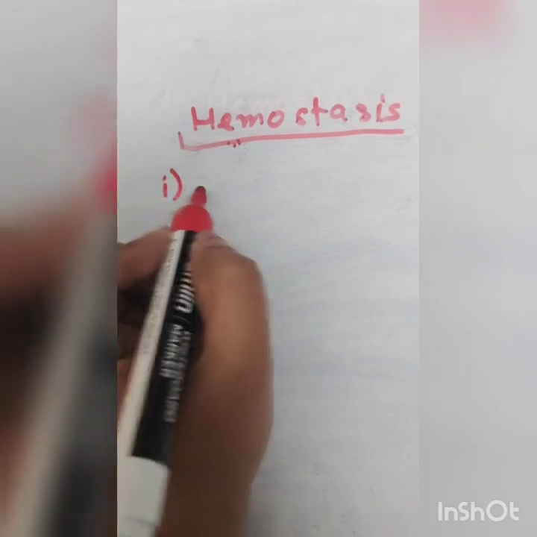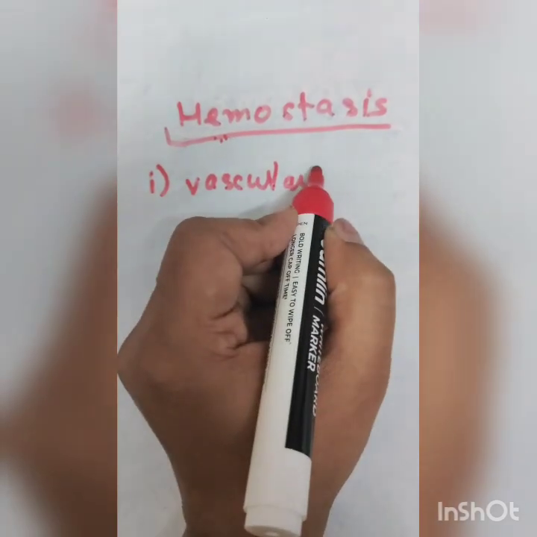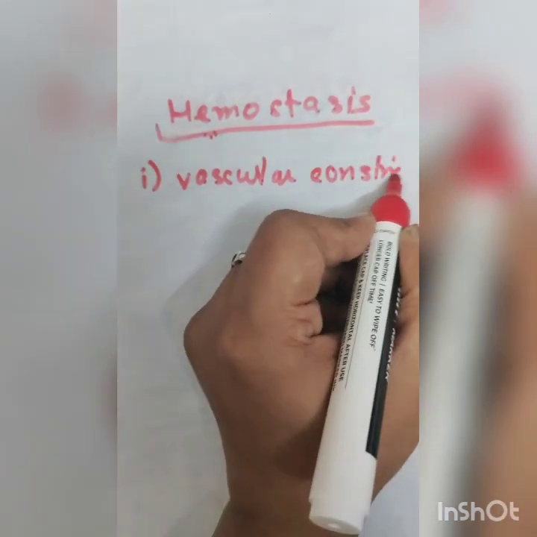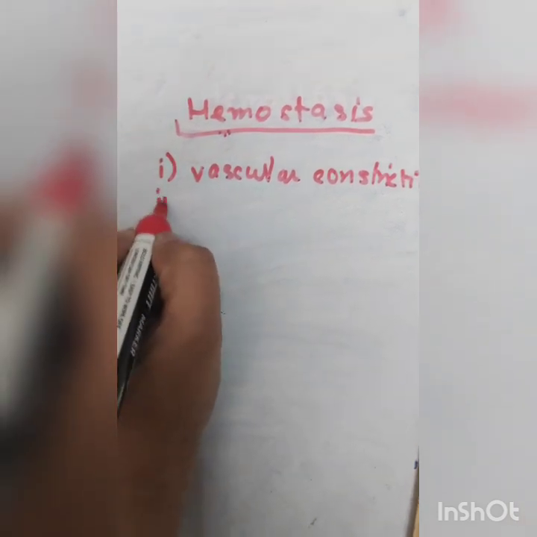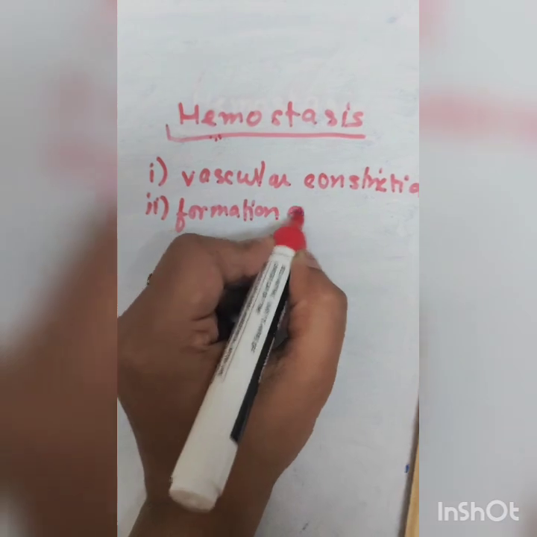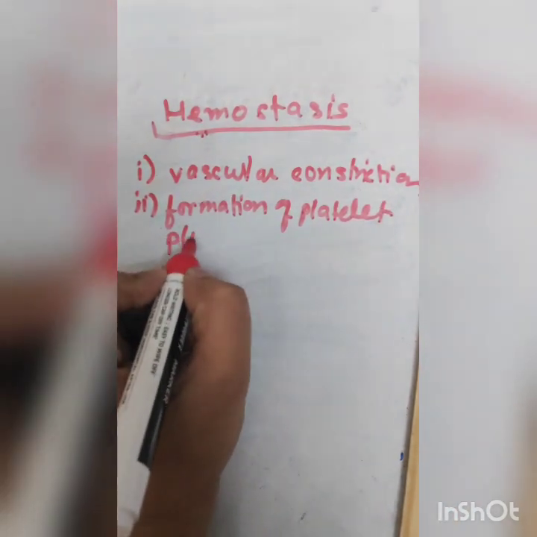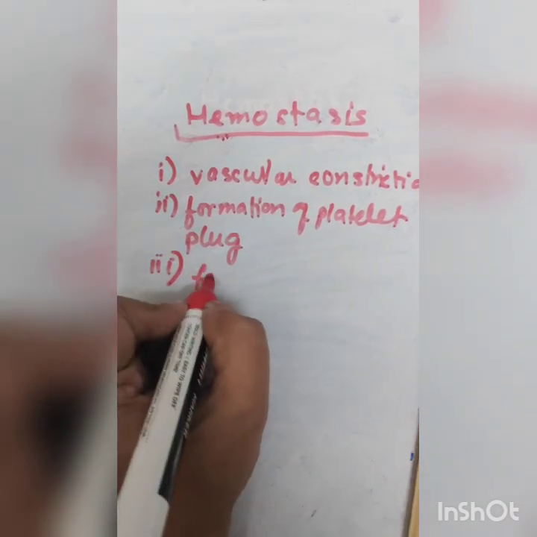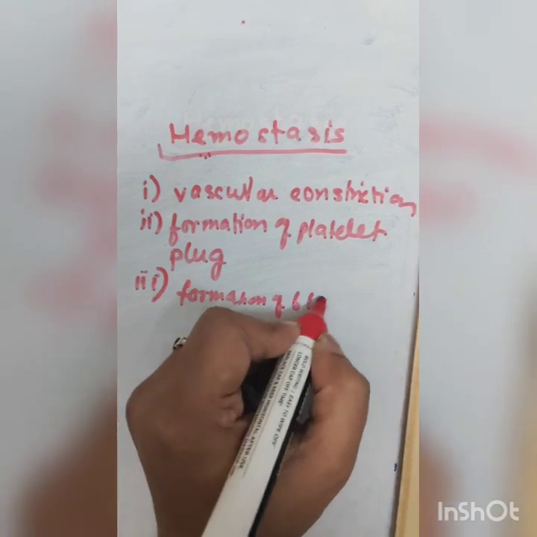Now, if you have any cut or any injury, hemostasis is achieved by 4 different steps. The first one is vascular constriction. Second is formation of platelet plug. Third is formation of blood clot.